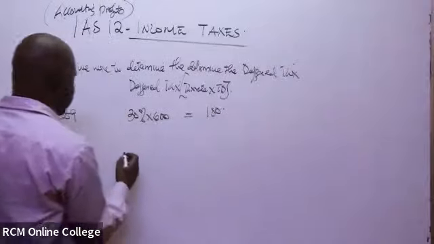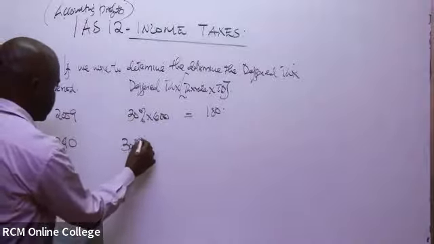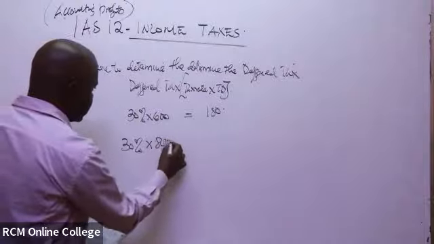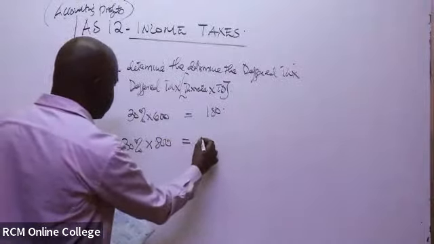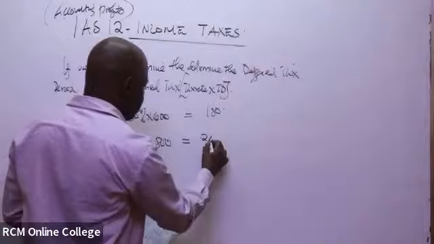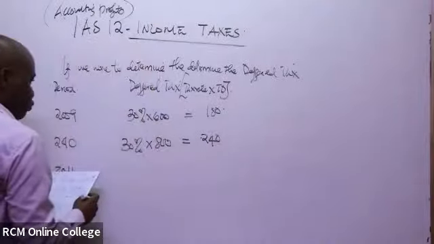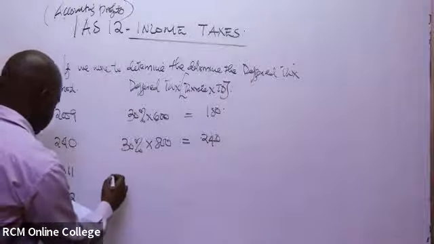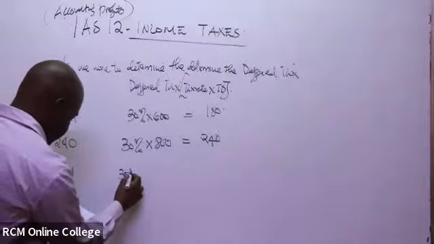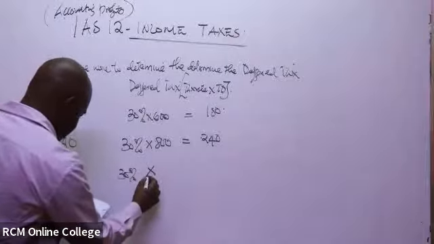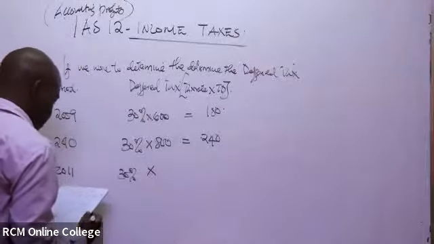You'll get 180. The next one will likely be 30% of what we got as TD, it was 800. So this one will come to, is it 240? I think 240. Then in this case, the 2011 will likely be 30% multiplied by 600.